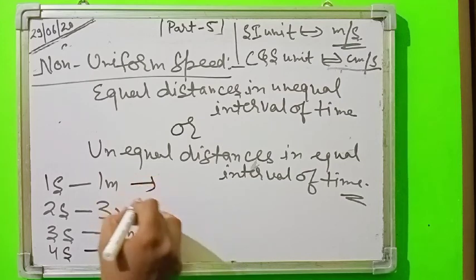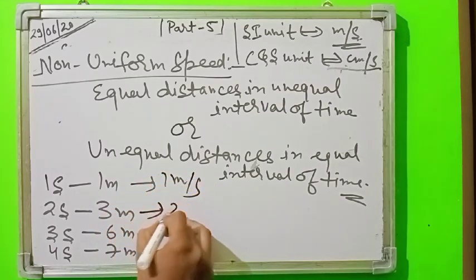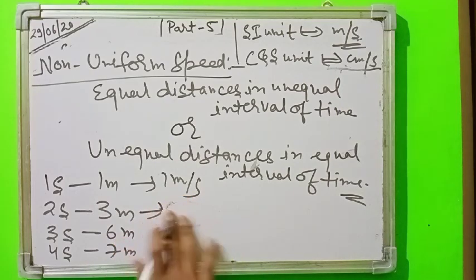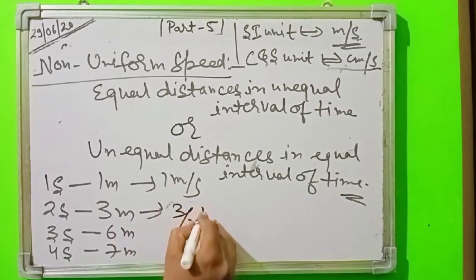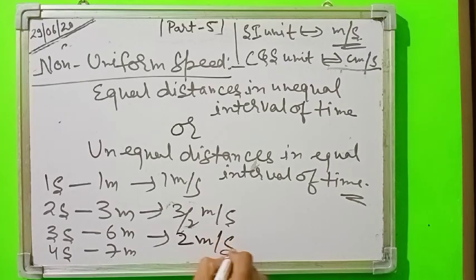In the first second the speed is 1 meter per second, in the second second the speed is 3 meter per second, and so on, meaning in each time interval the speeds are different. So this type of speed is called non-uniform speed.